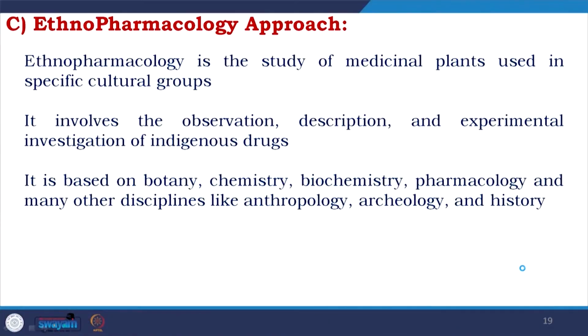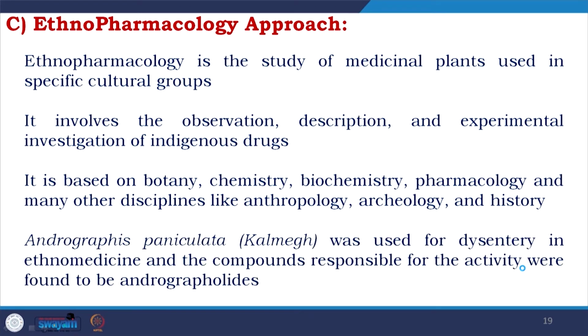It is based on botany, chemistry, biochemistry, pharmacology and many other disciplines like anthropology, archaeology and history. Andrographis paniculata, which we know in India as Kalmeg, was used for dysentery in ethnomedicine, and the compounds responsible for the activity were found to be andrographolides.